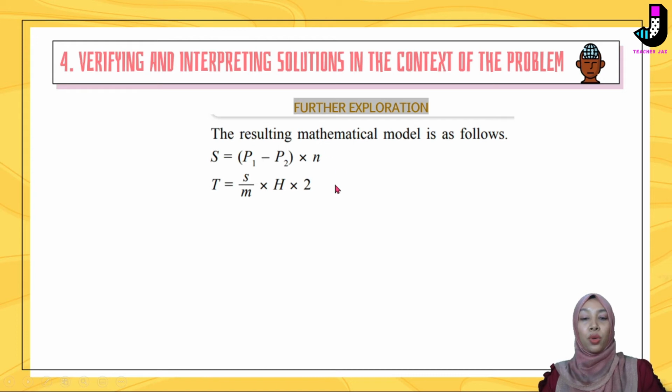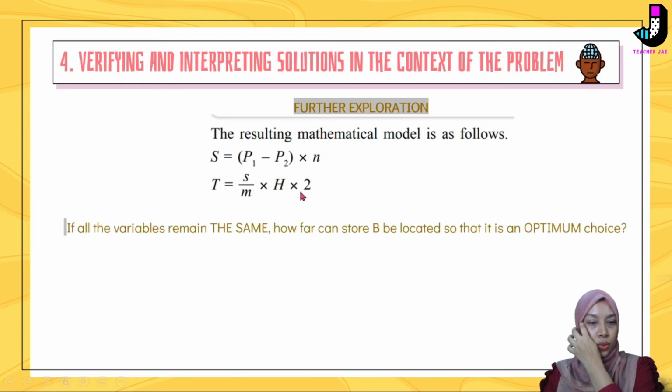Let's say we're going to use this mathematical model. Okay, it's just that we're going to identify. The first one is if all the variables remain the same, means all these variables remain the same, but there's one variable we're going to get it as unknown.